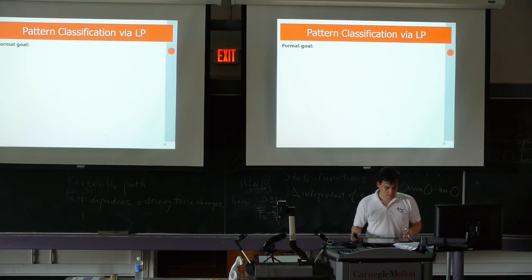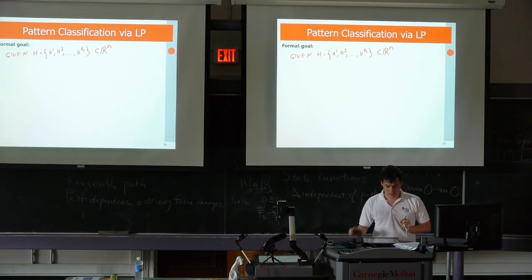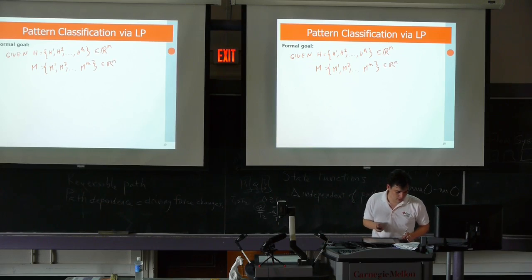Our formal goal is that, given two sets, one is H, containing vectors H1, H2, up to H_h, in the n-dimensional Euclidean space, and we have another set, say M, with points M1, M2, up to M_m.